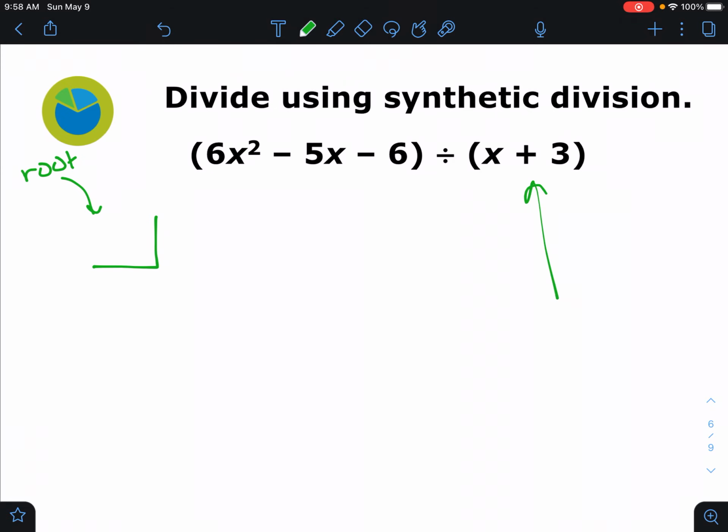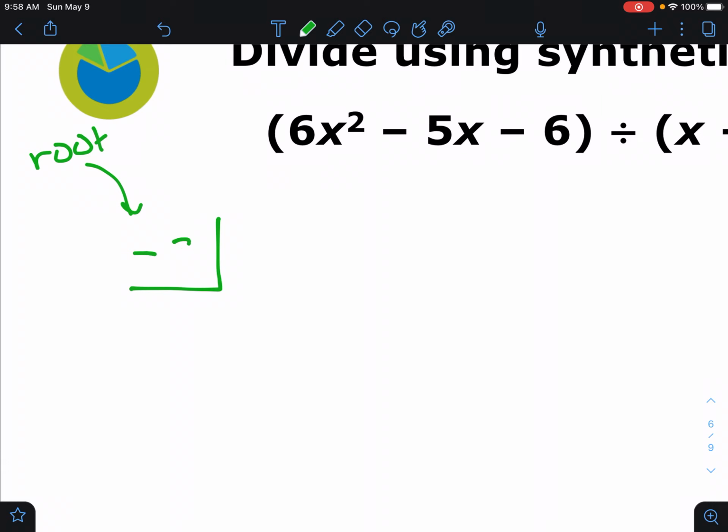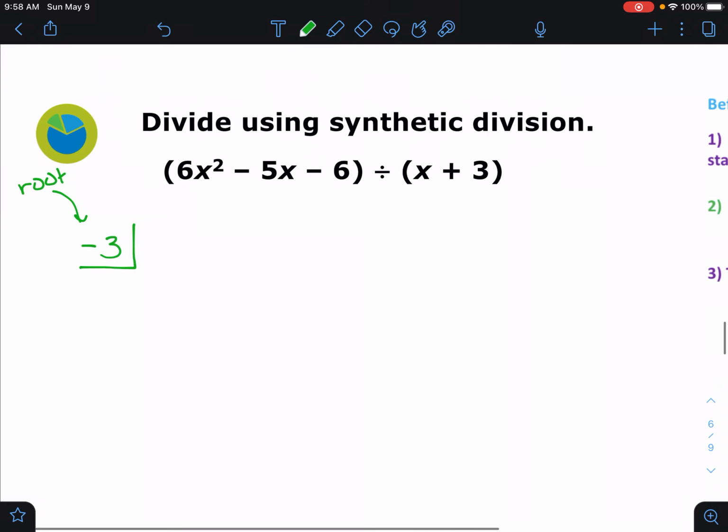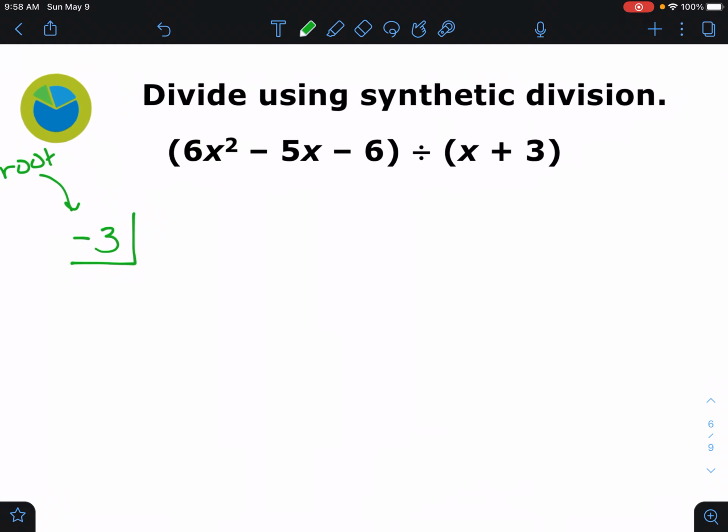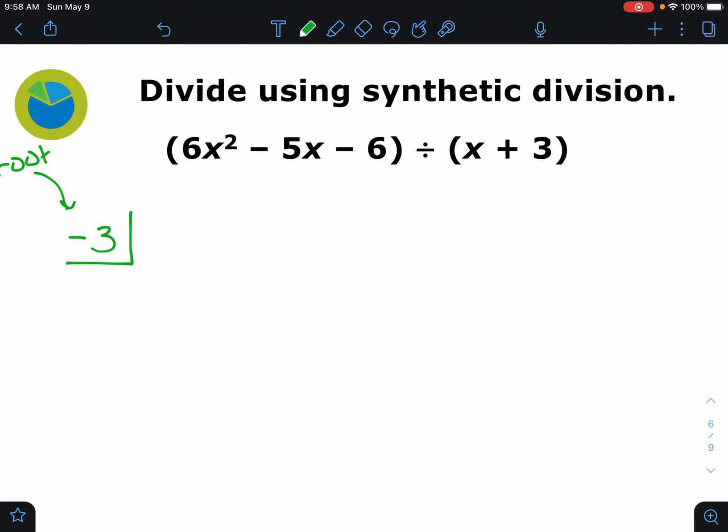What would make this equal 0? And that would be negative 3. So that is what goes in this little half box. Okay, so I'm going to put negative 3.